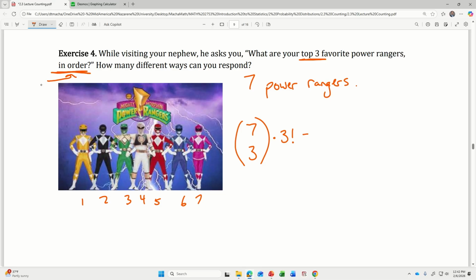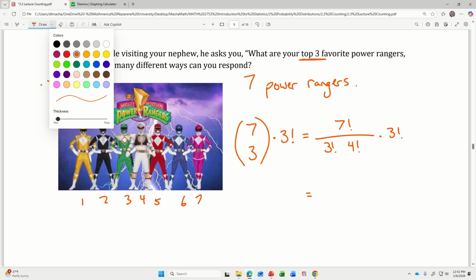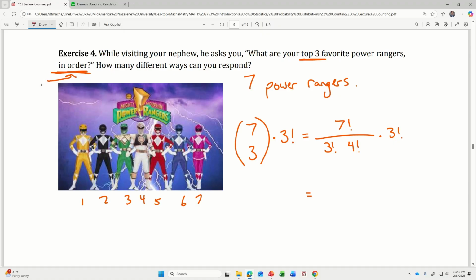We just have to simplify it a little bit. Obviously, 7 choose 3 is 7 factorial divided by 3 factorial, and then 7 minus 3, or 4 factorial. In this type of question, where you get a combination and then it's reordered, this is called a partial permutation.